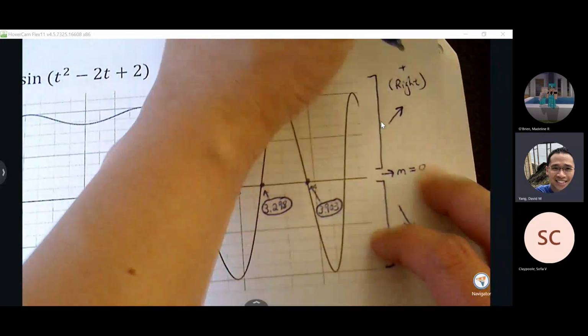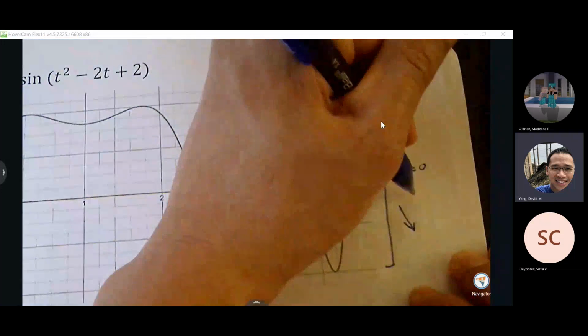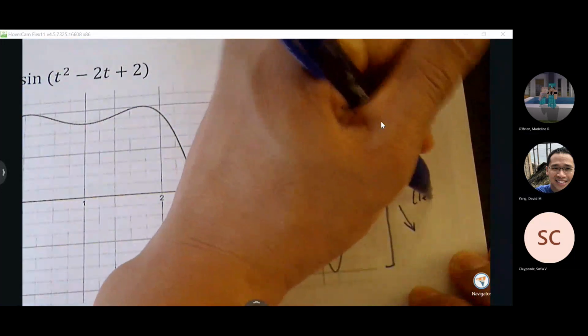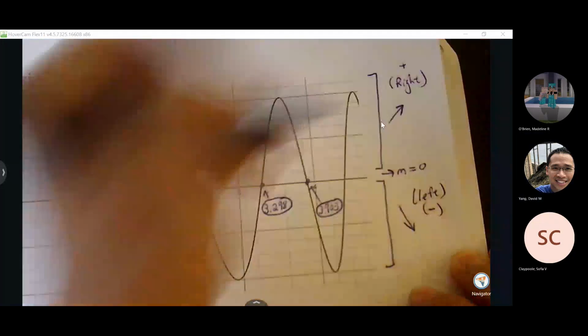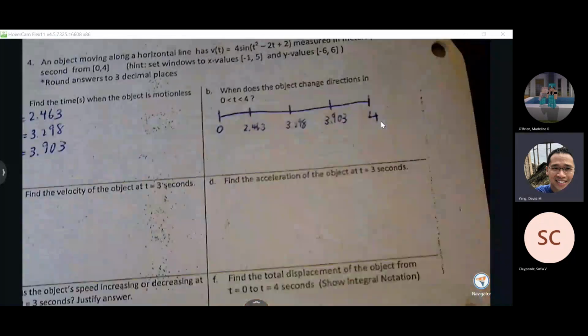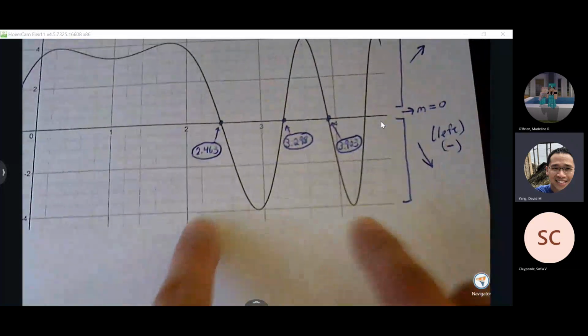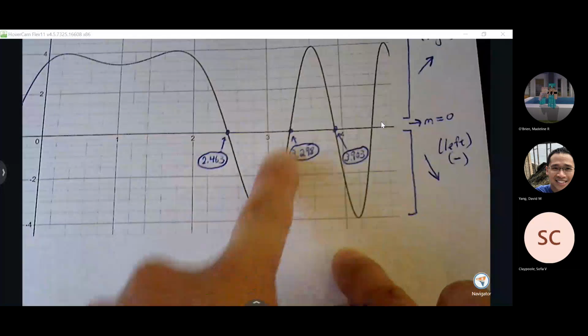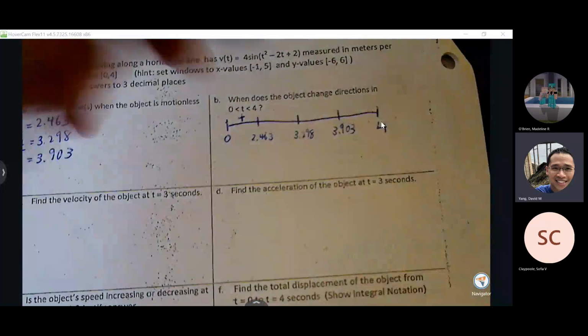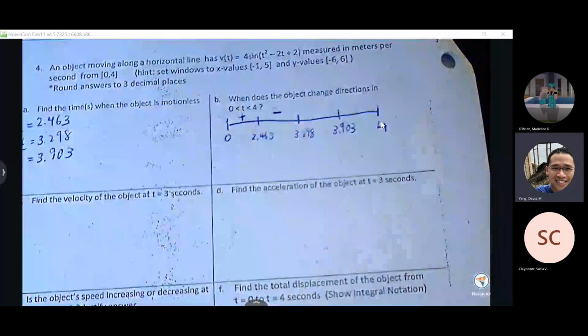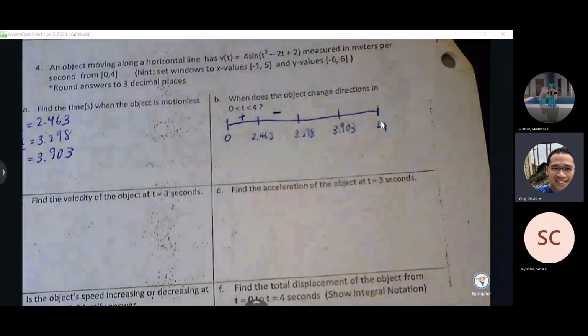Or you can just put plus if you want. Anything below is going to be moving left. Okay, so moving right. And then between 2.463 and 3.298, left because it's below. 3.298 to 3.903, plus above.